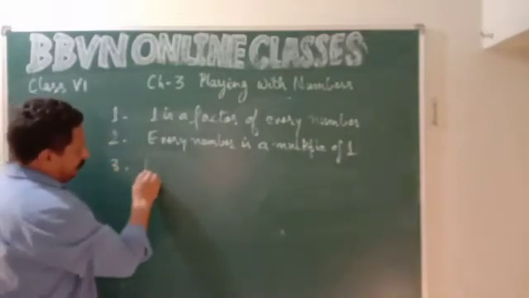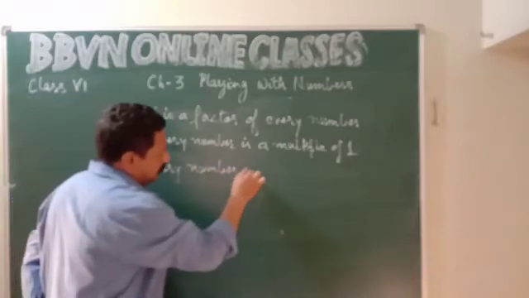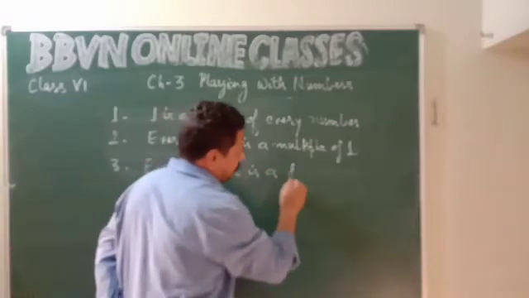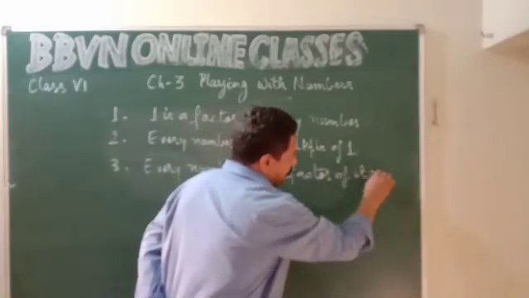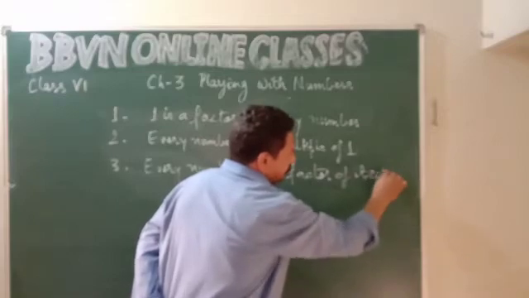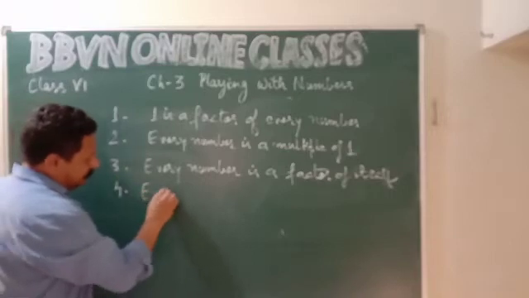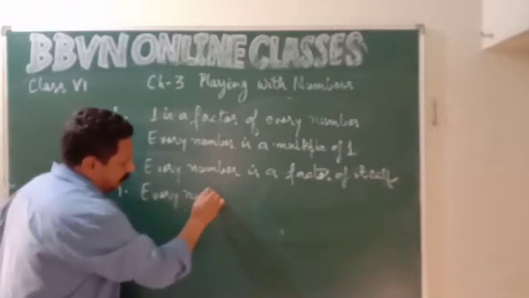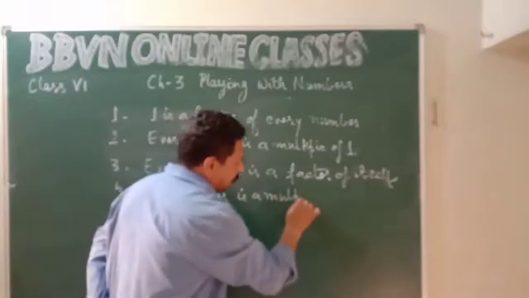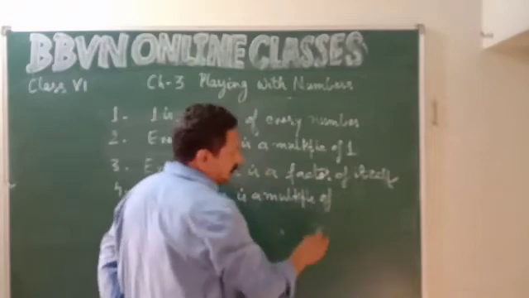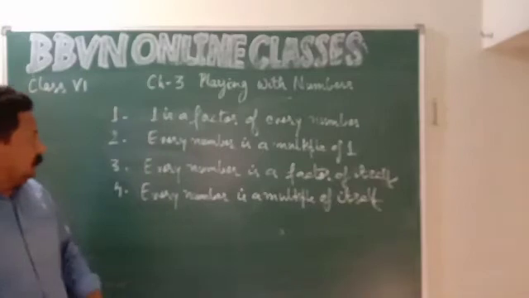Third, every number is a factor of itself, and also we can say every number is a multiple of itself. So you can note these 4 points.